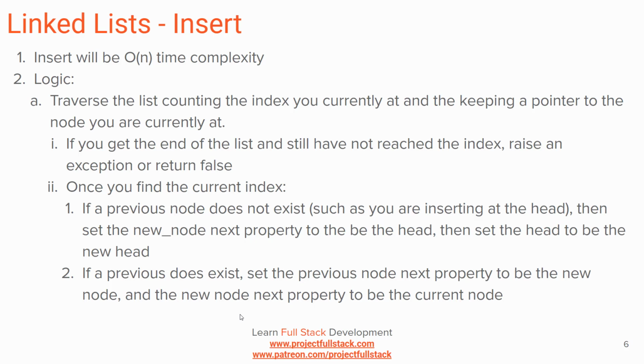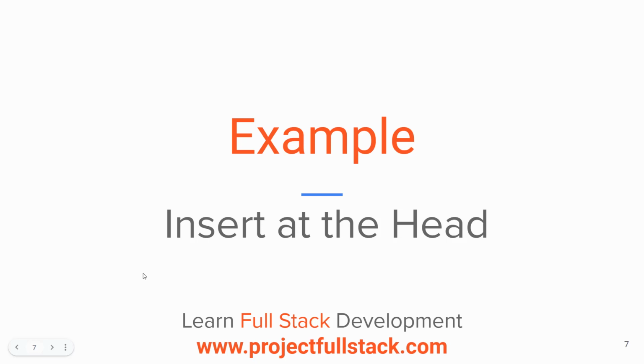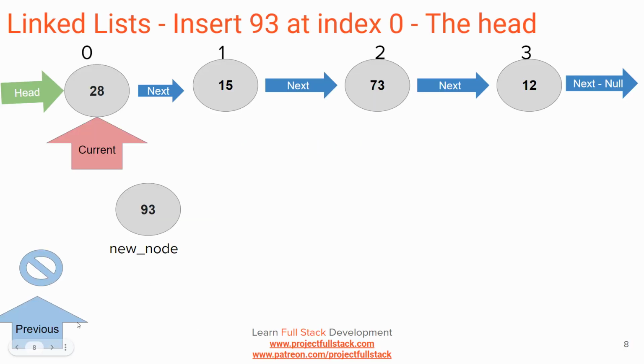I know it's confusing, so let's actually look at it. So here's an example where I'm going to insert at the head. Remember, that's going to be the one where the previous node is going to be none. So I'm just using this to say, hey, it points to none. It's nothing. I'm going to set my current node equal to the head of the list, which is 28. I'm inserting 93 at index 0.